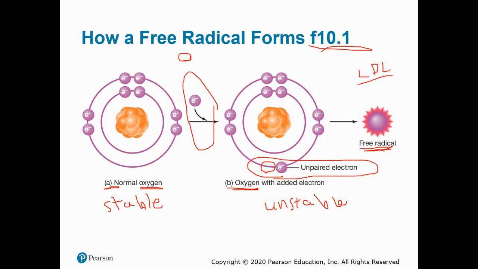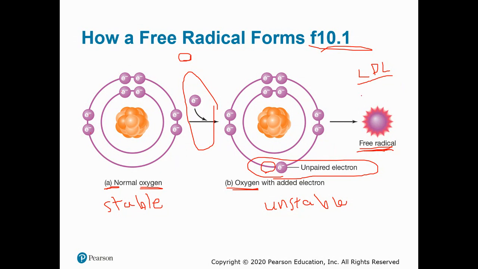And so it's when the LDL particles become oxidized in that injured part of the arterial wall, that's when we set up this secondary chain reaction of further unstabilization, further inflammation, further plaque buildup. So LDLs are one example of a larger molecule that can become oxidized and basically act like free radicals.